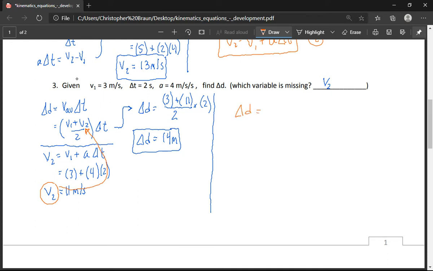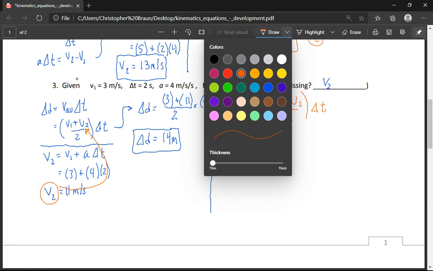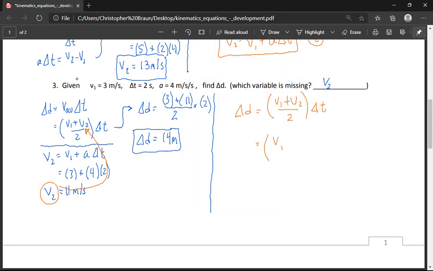Delta d is average speed times time. Okay, and then I said, you've got v1, and now it says, what was v2? Well, v2 is this equation. So I'll change the color here just to help out a little bit. Let's go purple. Okay, so what we do is we replace, so there's a plus sign right there.